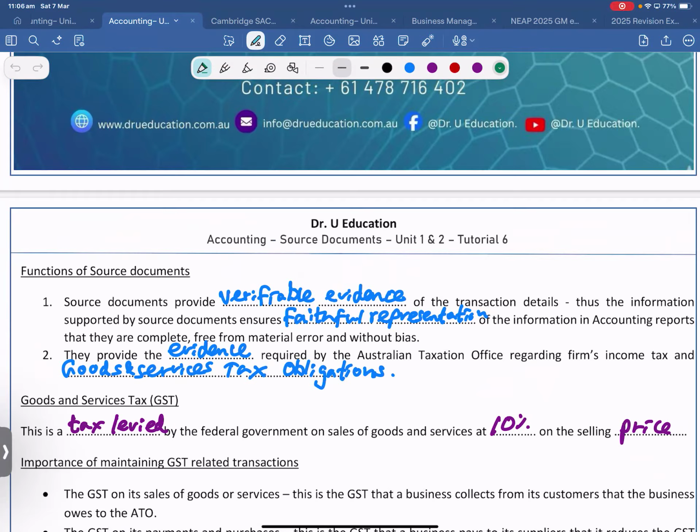Can I write GST? Instead of writing goods and services tax, can I try GST? Where do you want to write GST? Instead of goods and services tax.